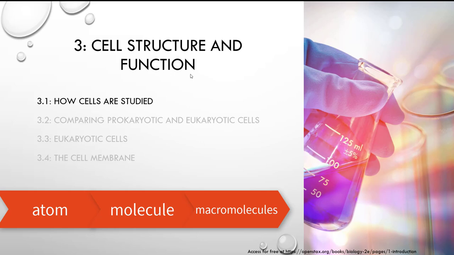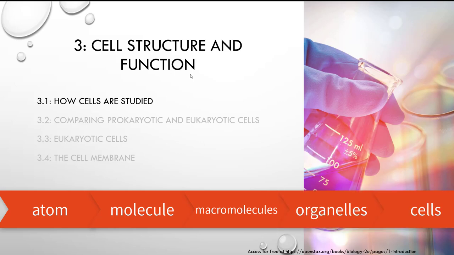Now we're going to get into how macromolecules, our carbs, lipids, proteins, and nucleic acids, can form the organelles of cells. Cells are the smallest unit of life, so we're going to study the structure of cells and the function of those structures. We're really starting to get into cellular biology.